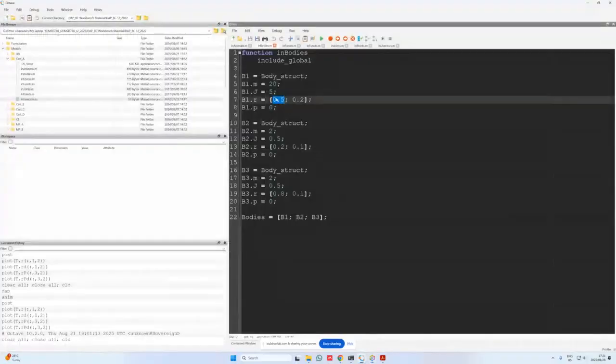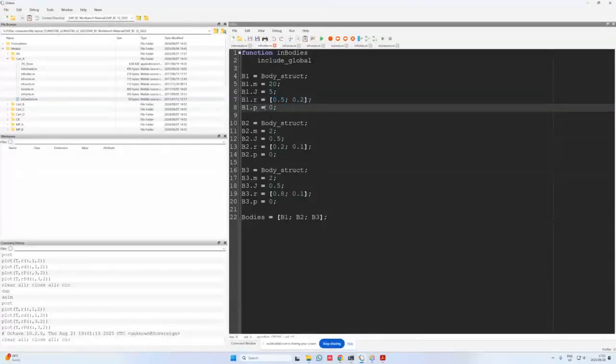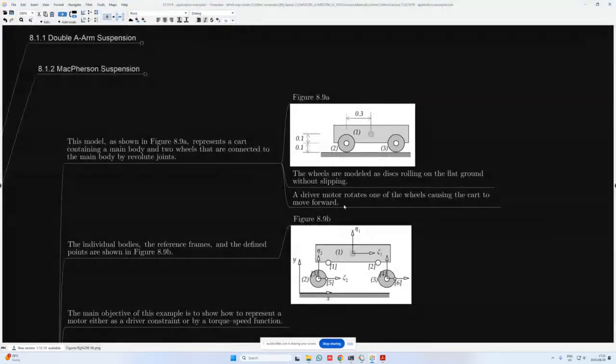So it's 0.5, 0.2 that we specify for B1's coordinates. Then B1.P is equal to 0, so the initial angle of the xi eta local coordinate system of body 1 is 0. We also know this from our exploded schematic in 8.9b. We can see that xi1 is aligned with the x-axis, so phi1 will be equal to 0.